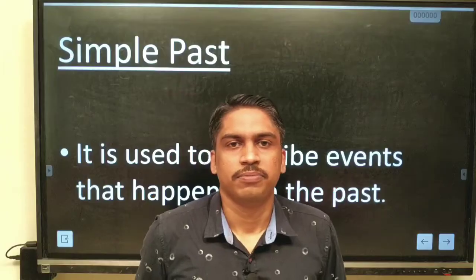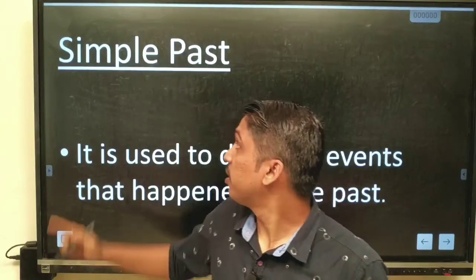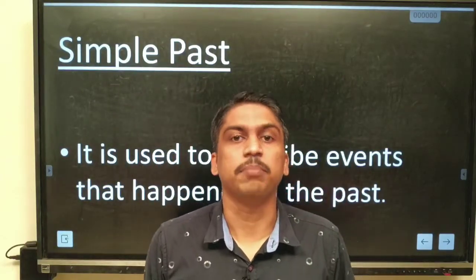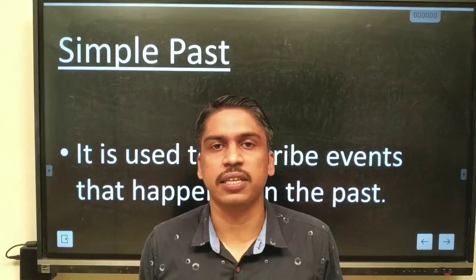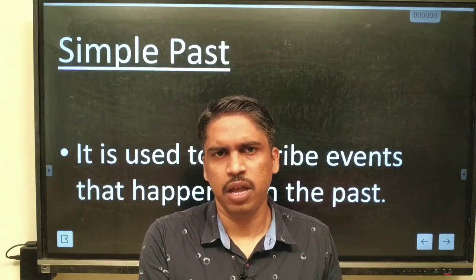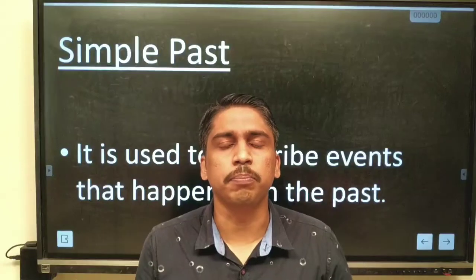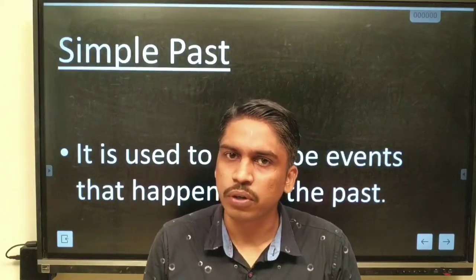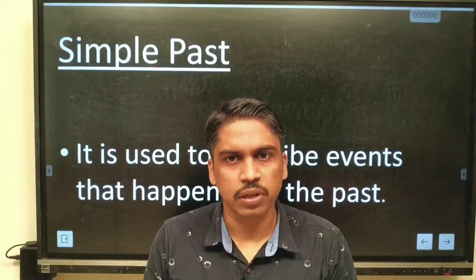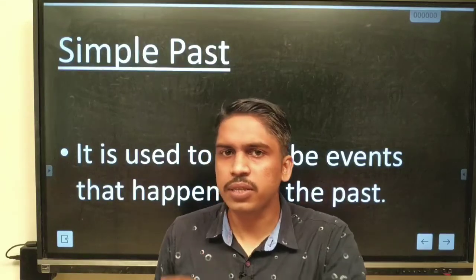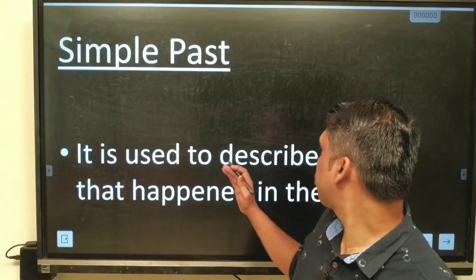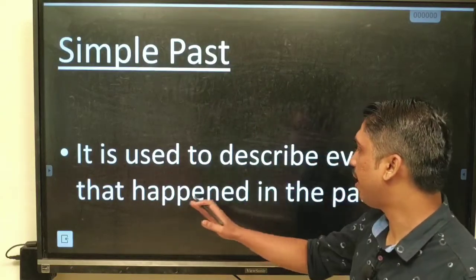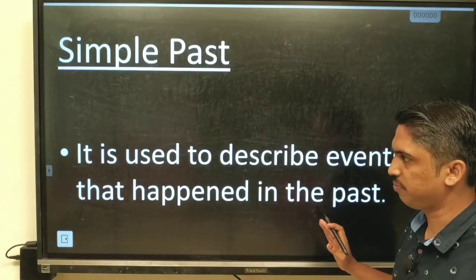Yes. Now the first tense. Which is the first tense? Simple past. Simple past is the first tense in past tense. And what is simple past tense, and what is it used for? Yes, you have studied. It is used to describe events that happened in the past.